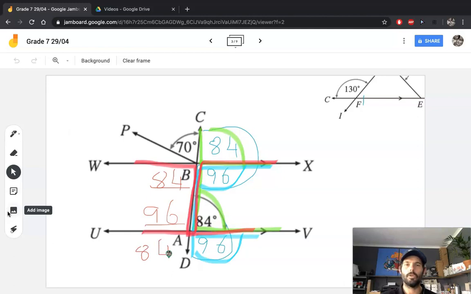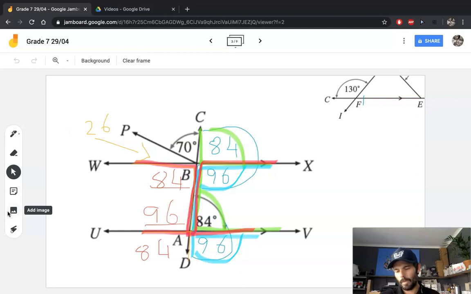Again, you could have said it's on a straight line with 96, or corresponding. So again, multiple reasons. And then the only one we need to work out is this one. You know that 70 and 84 is 154, and those three angles must be 180 because they're on a straight line. So 180 minus 154 is 26. Okay, so that's that problem.